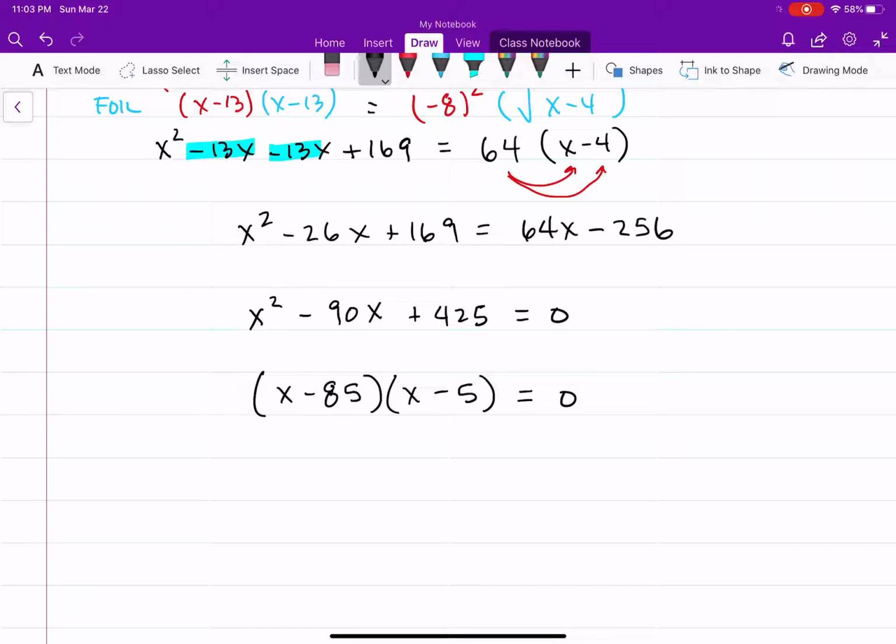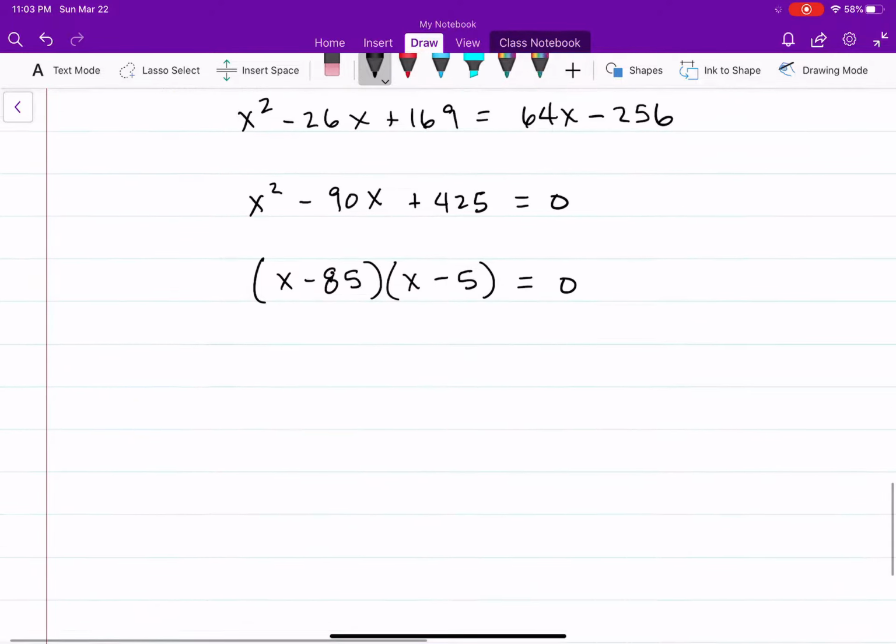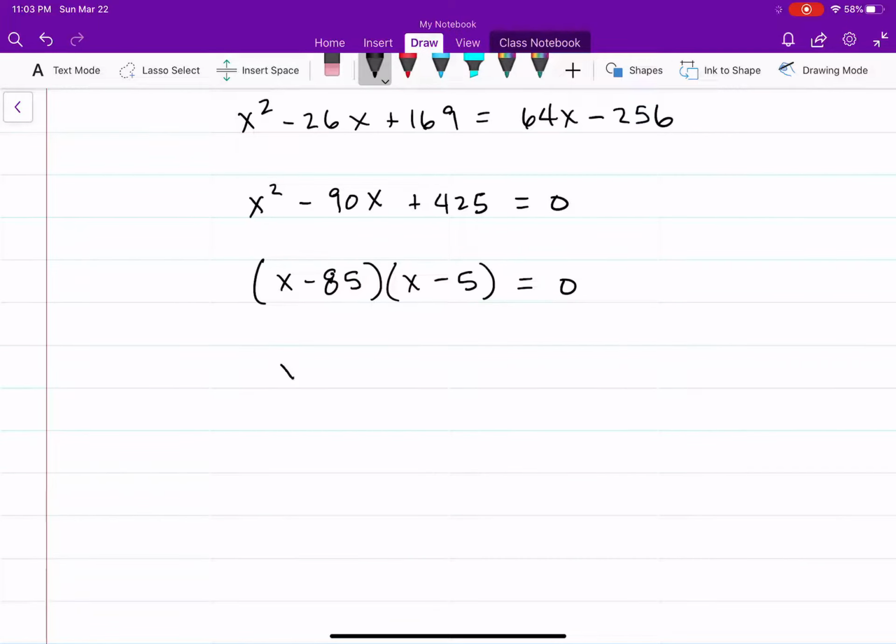Because negative 85 times negative 5 gives you 425. Negative 85 plus negative 5 is going to give you negative 90. All right. So now I have x equals 85 and x equals 5.